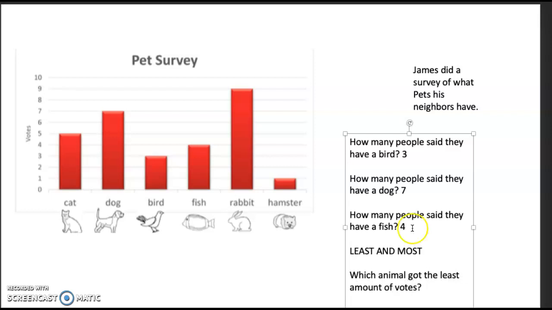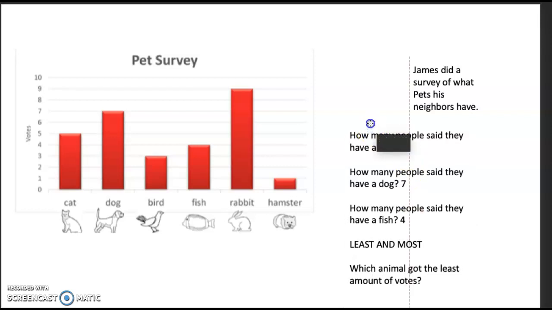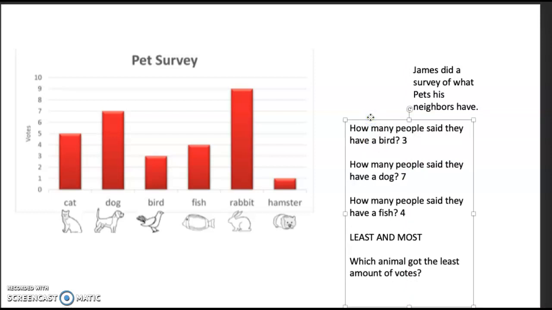How can I figure that out? The least meaning the fewest amount, without counting what each person voted for. How can I figure that out?